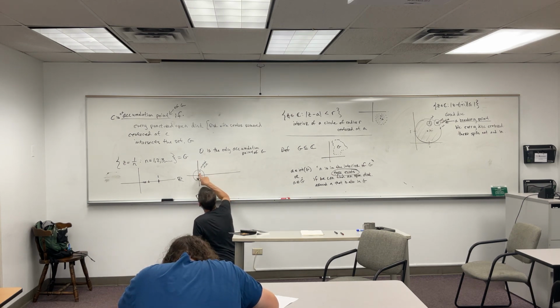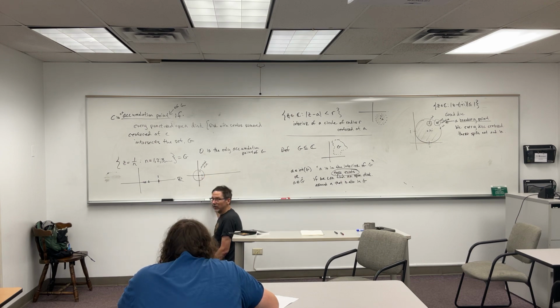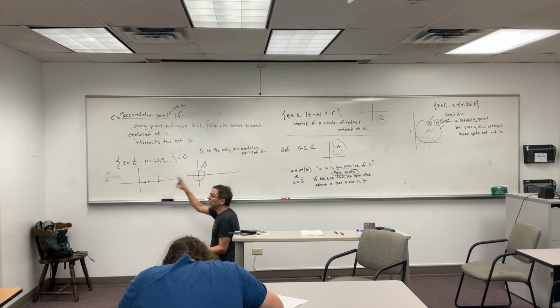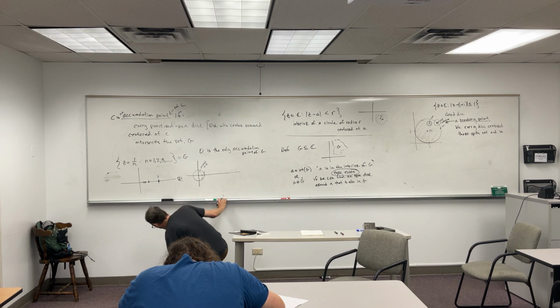No matter how big or small this disk is, eventually there's going to be a 1 over n inside there. No matter what you pick this radius r to be, all I have to do is pick n to be big enough so that 1 over n is less than r. 0 is not included, but every punctured disk around 0 has this property. Let me write that sentence out.